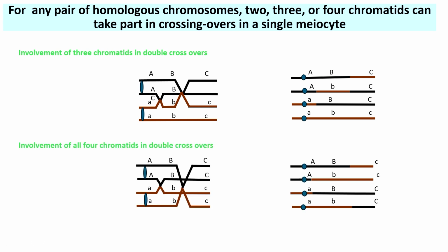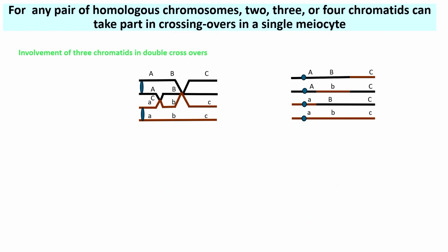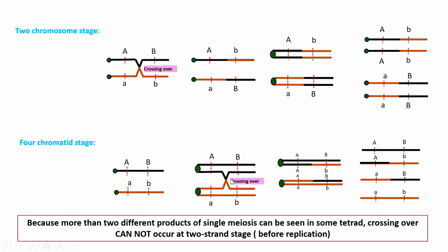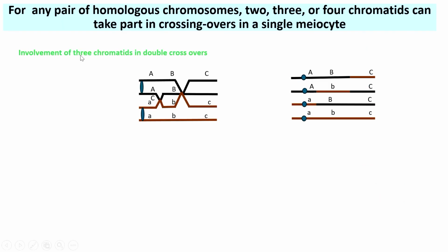Last time I said that 2 sister chromatids are involved, but is that the only case or are there other possibilities? So, 2, 3 or all 4 chromatids can be involved in the exchange of the fragment. It is not limited to one or the other.